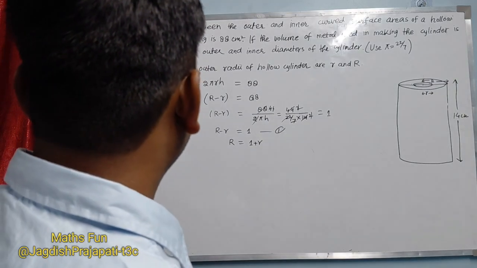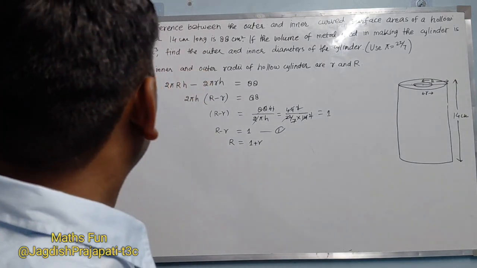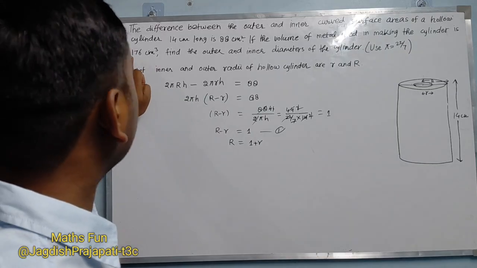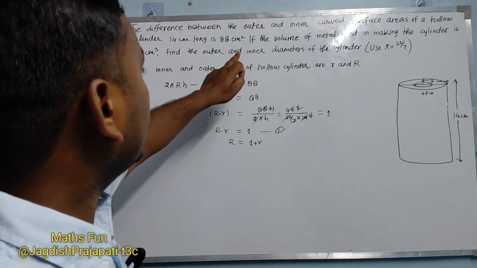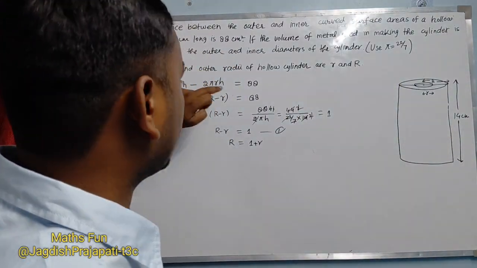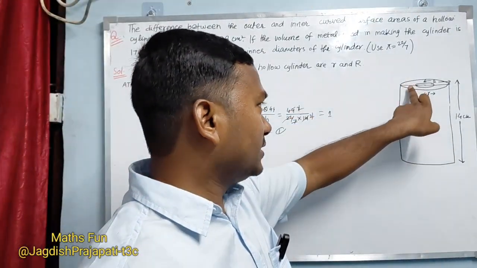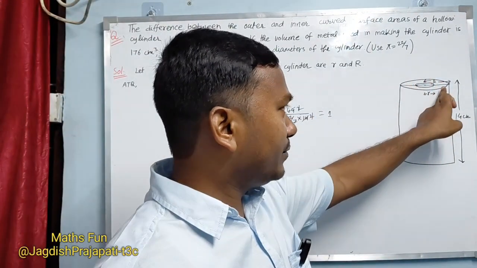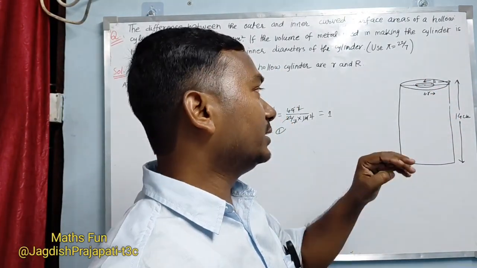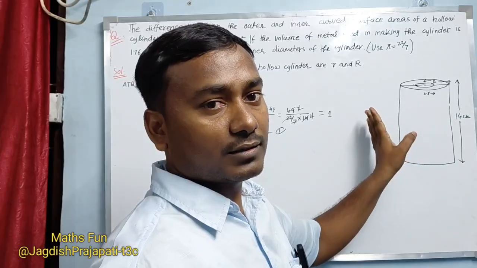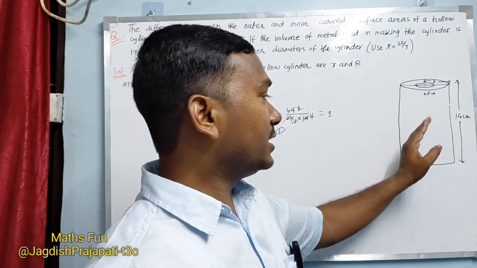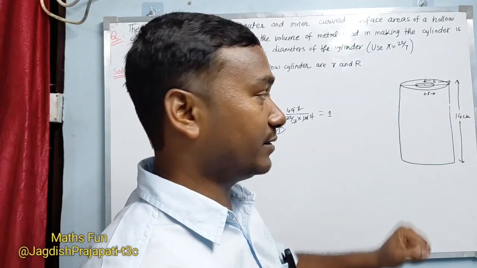Now the other thing here is that the volume of metal used in making the cylinder is given. I have already explained that this will be the difference of their volumes, meaning the volume of the outer cylinder minus the volume of the inner cylinder.